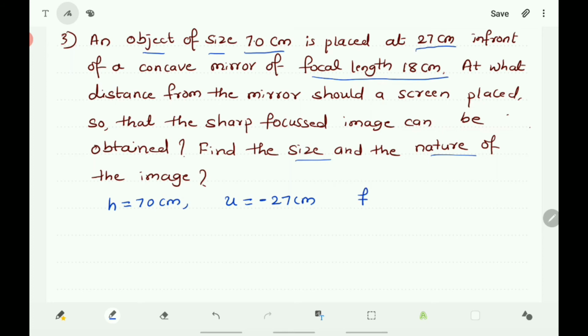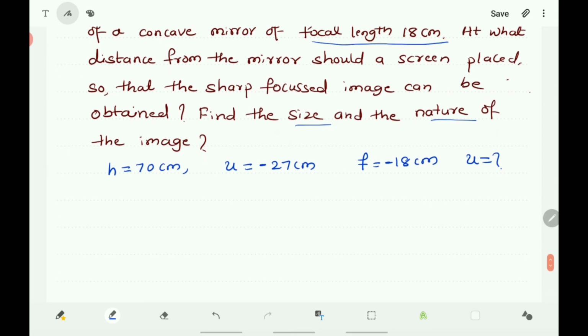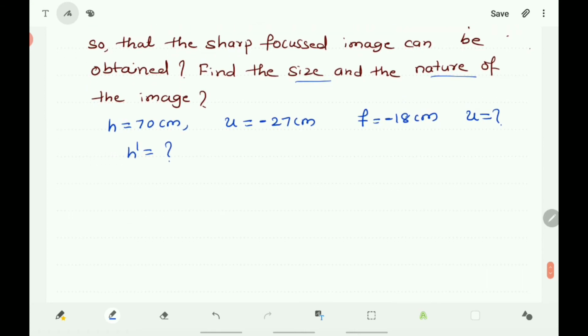So f is equal to minus 18 centimeter. To find: distance of the image, v is equal to question mark, and also size of the image, h dash is equal to question mark.